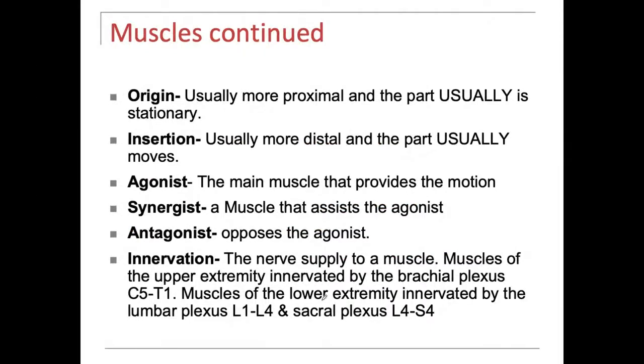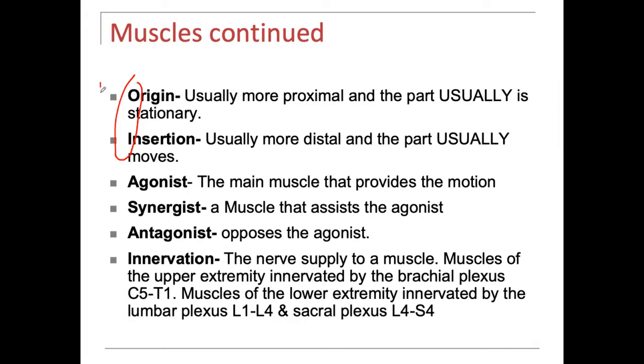Now these terms here, origin, insertion, action, synergist, antagonist, innervation, these are kind of important. When we talk about origins and insertions, origins are typically the part of the muscle that is attaching to the bone, right? Muscles attach to bones by way of tendons.